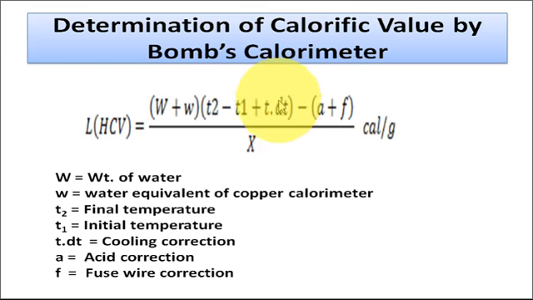You must remember that cooling correction is always added, while acid correction and fuse wire correction are always subtracted from the total value. So the final formula is (W + w)(T2 - T1) plus T dT, cooling correction, minus acid correction minus fuse wire correction, divided by X.